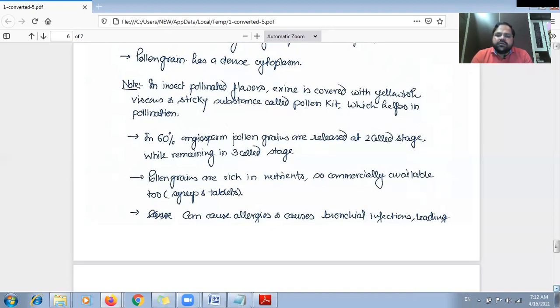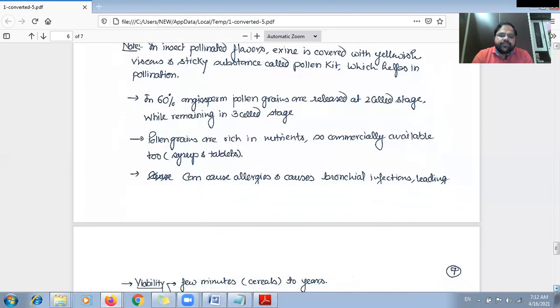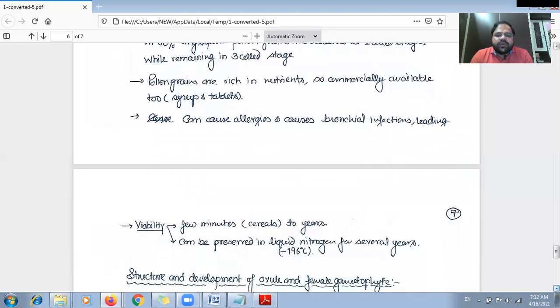Athletes and several other people use these pollen grains in the form of syrup and tablets to get nutrition. Now, these pollen grains can cause allergies and bronchial infections, leading to serious lung problems also. So these pollen grains can elicit allergy as well.